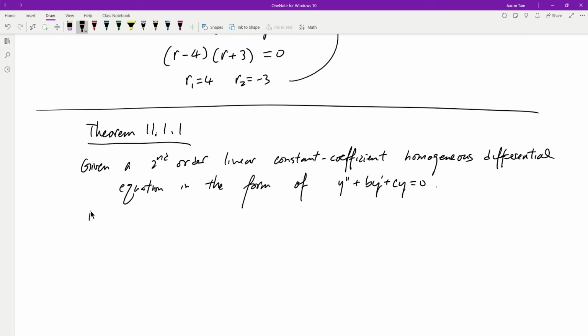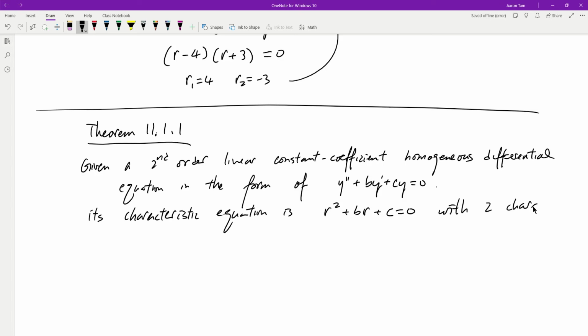Let's say its characteristic equation is r squared plus br plus c equal to 0 with, let's say, two characteristic roots, r1 and r2. So these are called characteristic roots. And there are basically the following two scenarios that we want to consider.